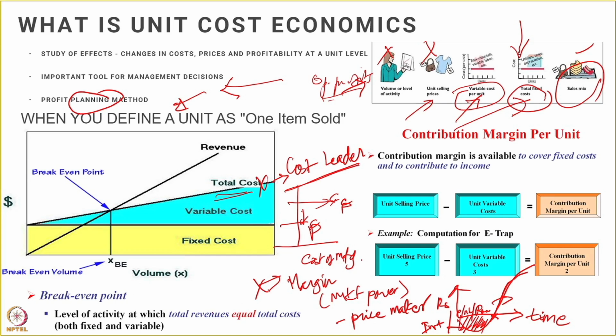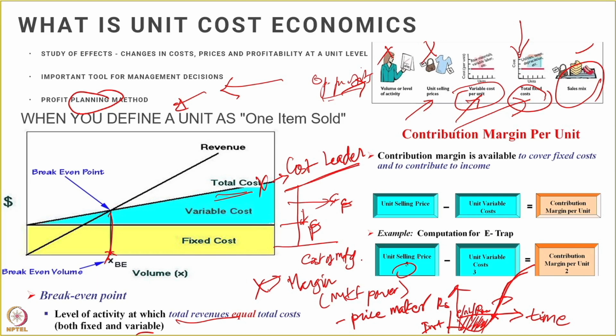If your business is all about selling goods, then obviously you should be able to sell enough goods at a cost structure which gives back all the cost, both fixed and variable, and then that particular volume of sales which you should get from the marketplace is called the break-even point. One way of looking at whether you're going closer to the break-even point or not is to focus on the unit level of activity.